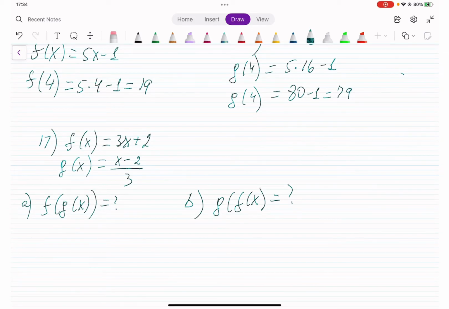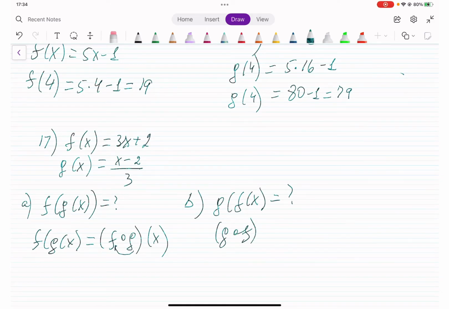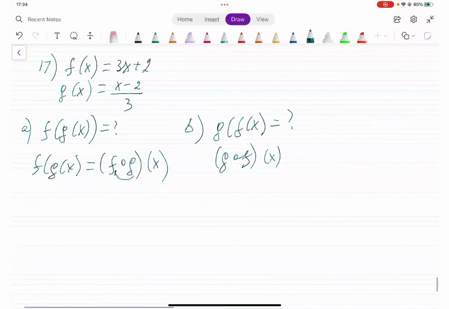Okay, let's start working. f of g of x is the same thing as the composite of f with g of x, which means we plug g into x. And g of f of x is the composite of g with f of x.